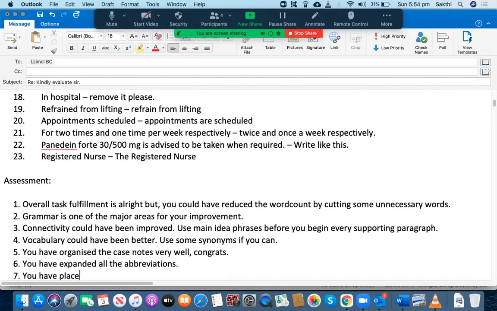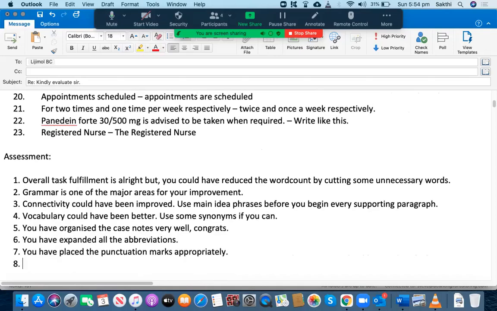You have placed the punctuation marks appropriately. That's good. You have used a range of sentence structures. That is also good. Okay.